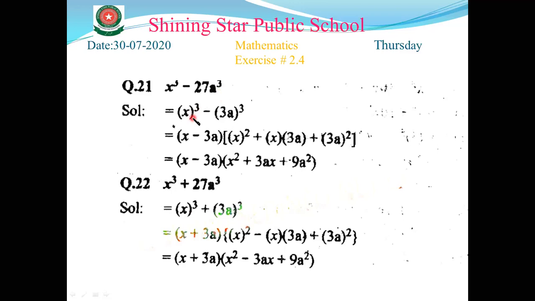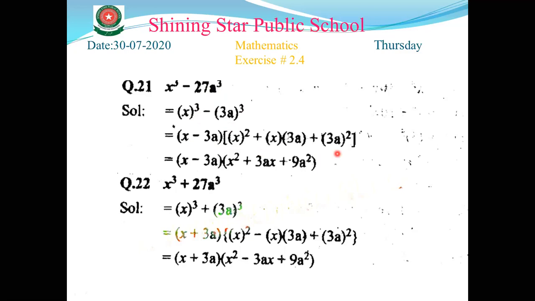Now x whole cube and minus 3a whole cube, because we know that 27 is the cube of 3. So we can say that 3a whole cube.